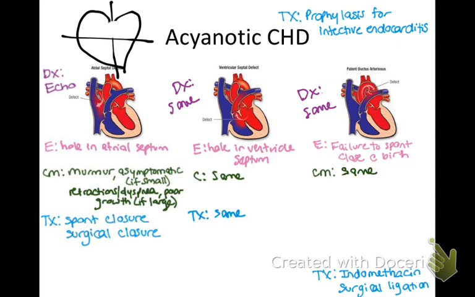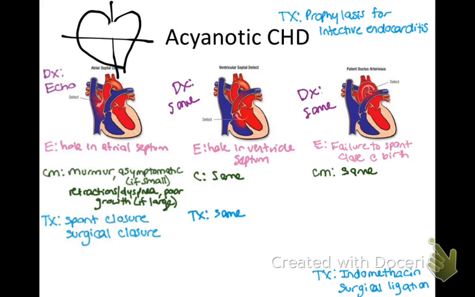Now, I drew a really big hole. Apparently I can't do a little hole. It can be a little pinpoint hole, or it can be the whole atrium. So it's along a continuum. Obviously, the bigger the hole, the worse the problems are because it's allowing more mixing of oxygenated and deoxygenated blood. All right?